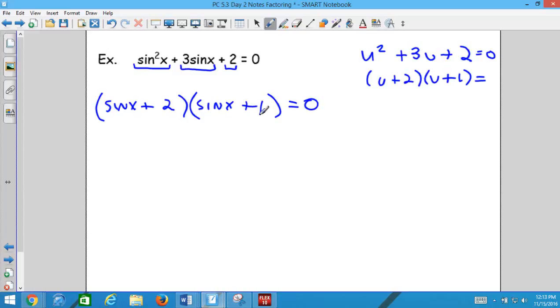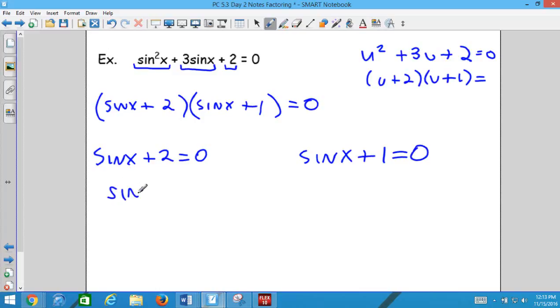But it is factored, so now what do we do with our factors? Sin x plus 2 equals 0, and sin x plus 1 equals 0. And solve each one of these. Sin x equals negative 2. Where is sine equal to negative 2? Not possible.